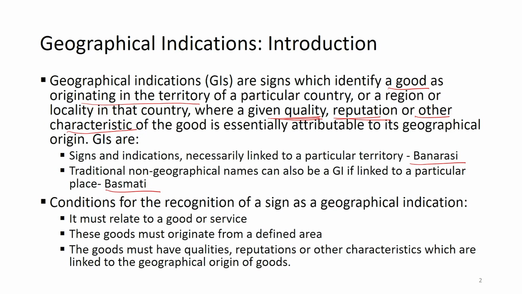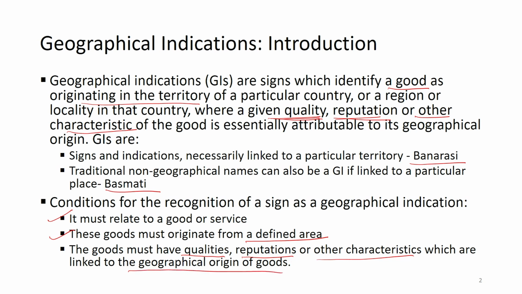Now, I have identified the conditions for recognition of a sign as a geographical indication, when a sign becomes a geographical indication. First is, it must relate to goods or services. Second, these goods must originate from a defined area. And third, the most important, the qualities of goods, the reputation of those goods and other characteristics of those goods are linked to the geographical origin of those goods.